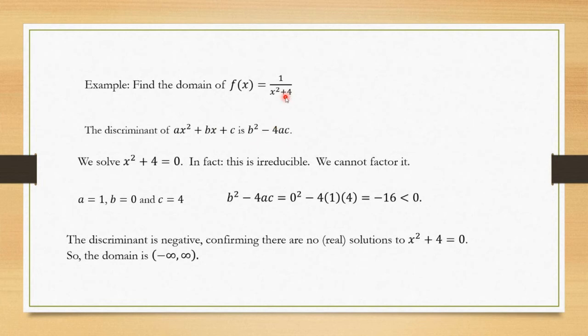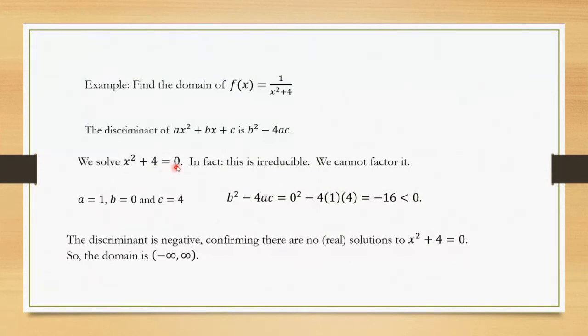Now, it turns out this is actually never going to be 0. It has a negative discriminant. You can't factor it. That is, this has no solutions, because this discriminant, as you can see, would be negative. If you were to solve this equation using the quadratic formula, in the square root you would have the square root of negative 16, which tells you this has no real solutions.